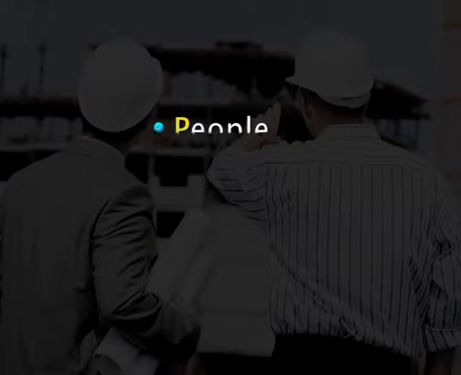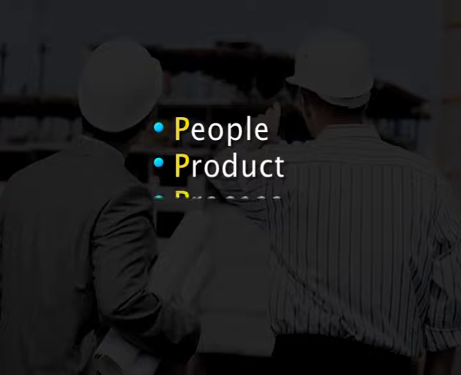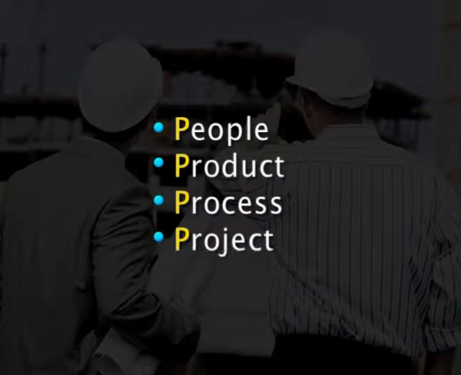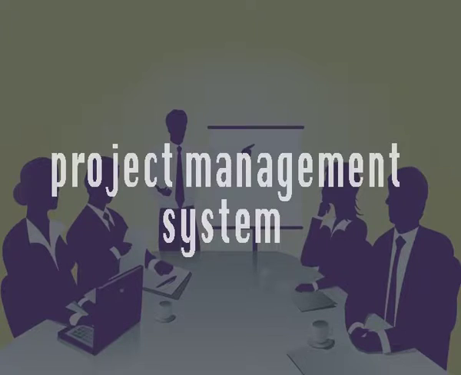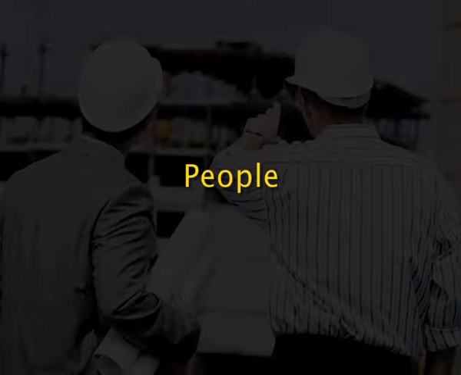There are 4 P's, that is people, product, process and project. These together make up one system, that is the project management system. Let us first consider people. Who are the people that are involved in the project management system?